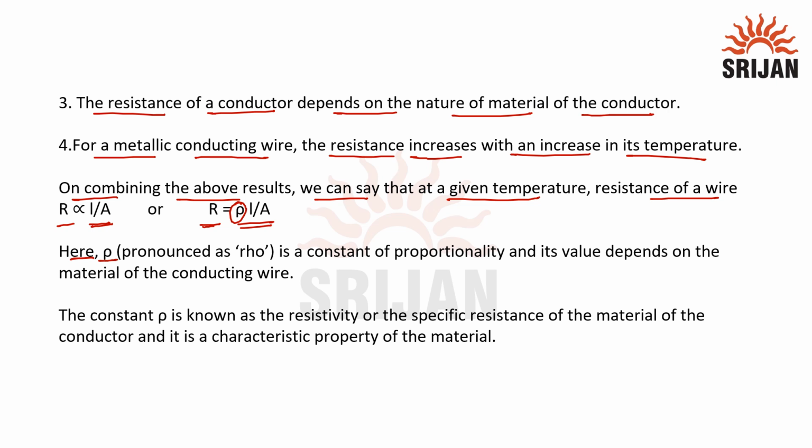Here the symbol is pronounced as rho and is the constant of proportionality, and its value depends on the material of the conducting wire. The constant ρ is known as resistivity or specific resistance of the material of the conductor, and it is the characteristic property of the material.